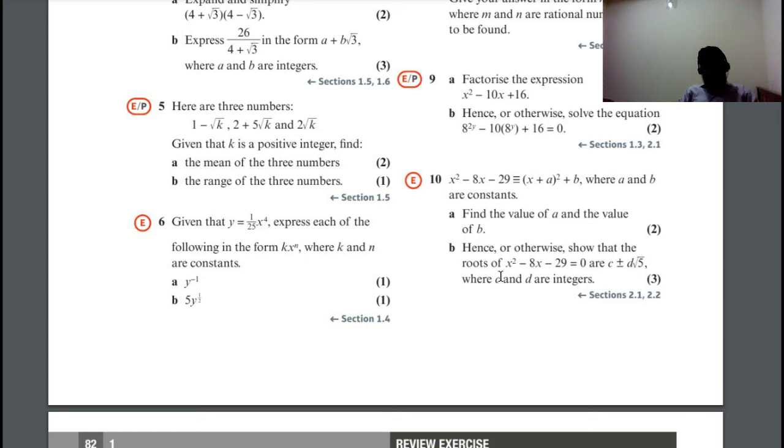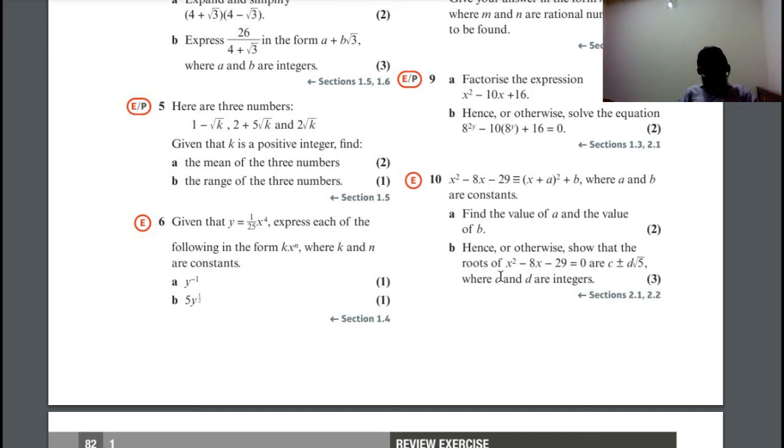8 plus minus root 132 by 2. Sir, can you do 8 plus minus root 132 by 2? Root 32, the whole divided by 2.